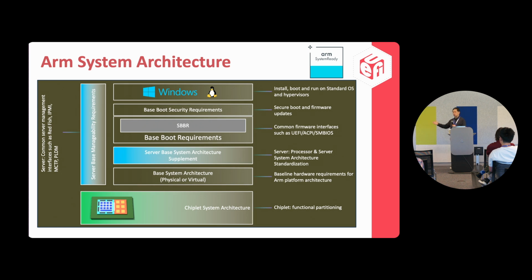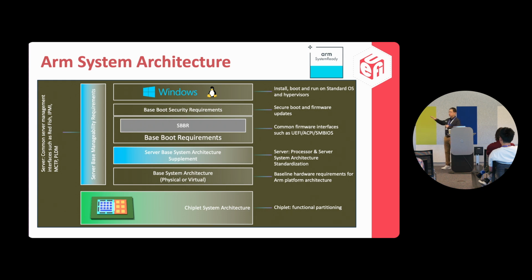And also, of course, what kind of features are available on the ARM CPUs and all that. So the Base System Architecture gives you the view of the hardware requirements.